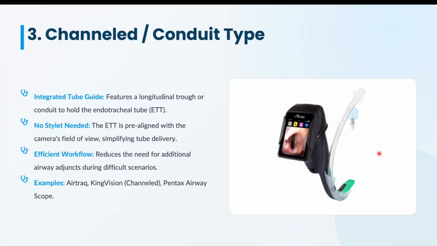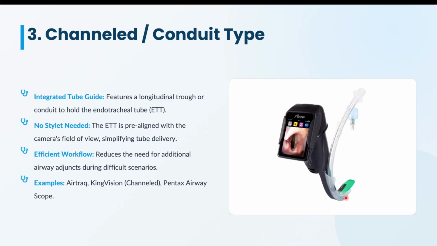The third is channeled or conduit type laryngoscopes. These scopes try to solve the problems with both the first and the second types. The blades of these laryngoscopes are hyperangulated, so you get a very good view with minimal motion of the neck, as was true for hyperangulated non-channeled scopes.